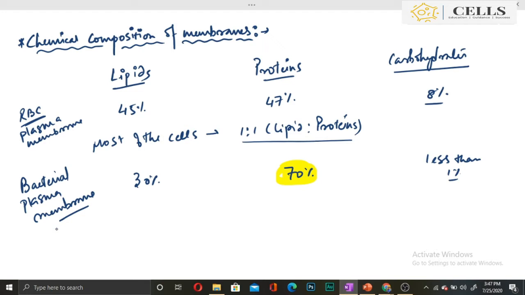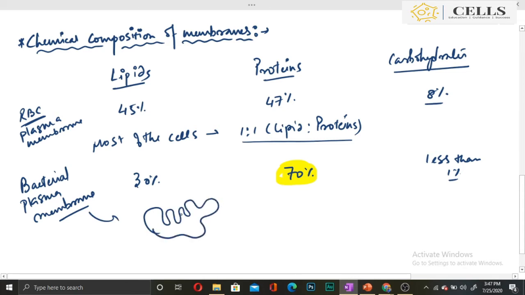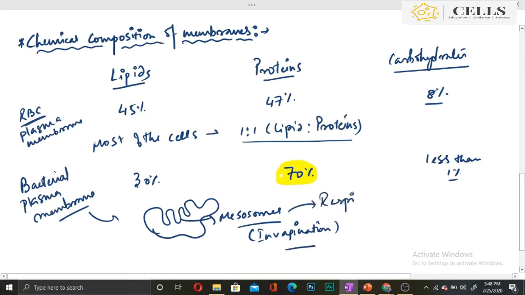You have studied in your +2 level that bacteria have invaginations of the plasma membrane known as mesosomes. These mesosomes help in the respiration of the bacteria.